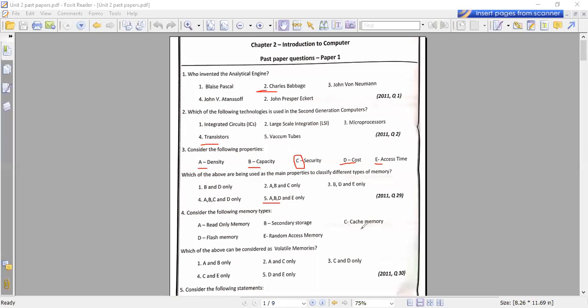Secondary storage කියන්නේ hard disk ඒවා නැති වෙලා යන්නෙත් නැහැ. But cache memory එකේ ඒවා නැති වෙලා යනවා. Flash memory කියන්නේ pen drive වගේ ඒවා නැති වෙන්නෙත් නැහැ. RAM එකේ ඒවා නැති වෙලා යනවා. So C and E should be the fourth answer.